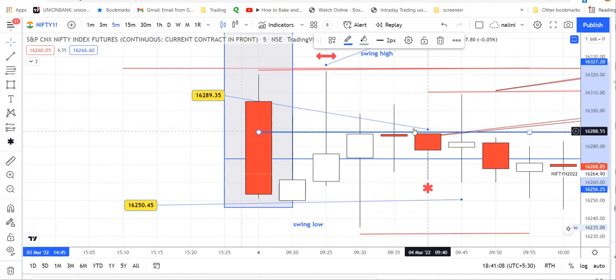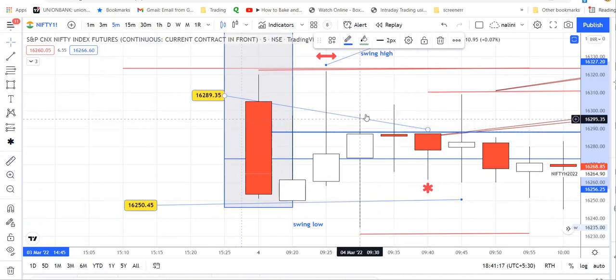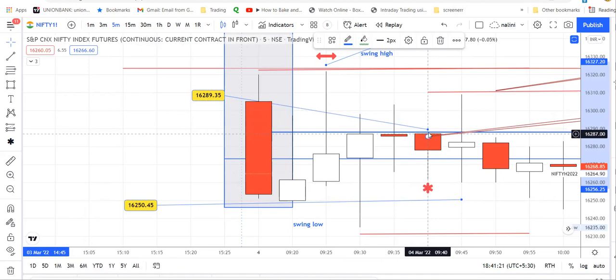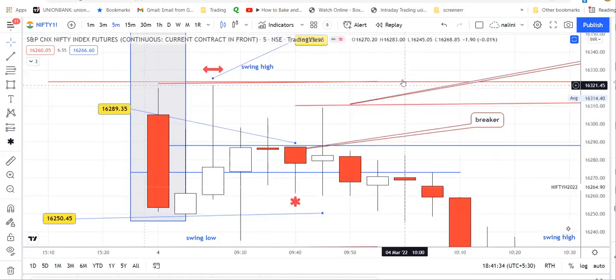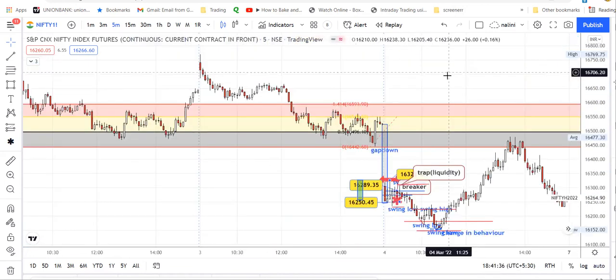but this candle is showing a change in behavior. Higher high, and then lower high and lower low. Let me reset the chart.